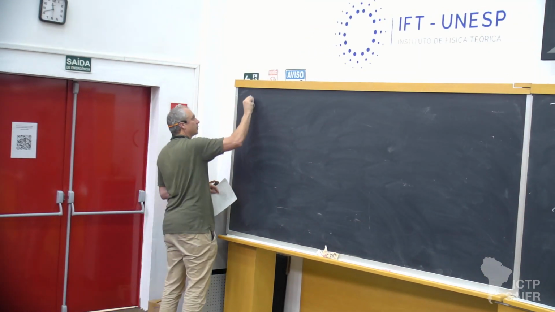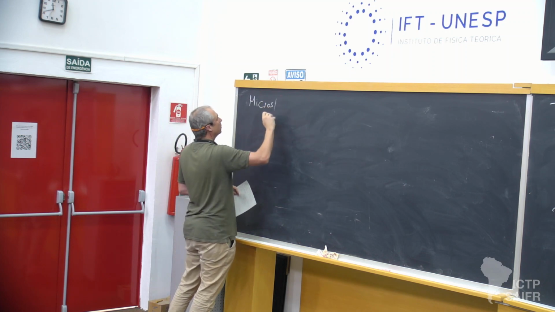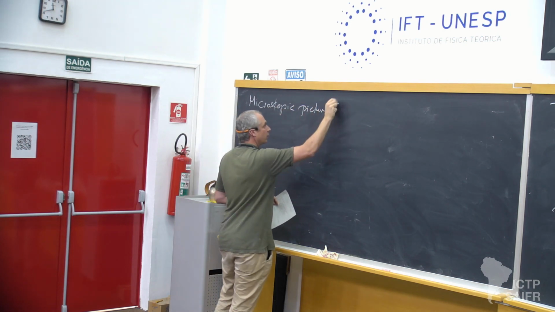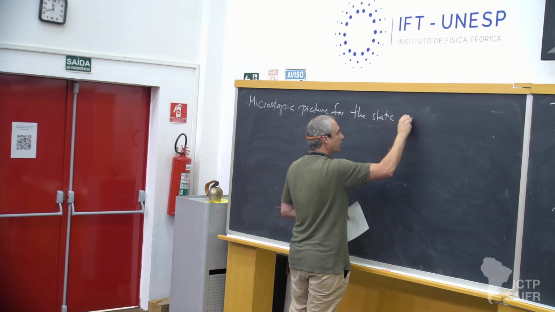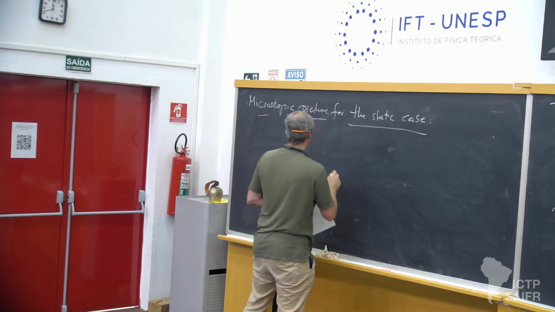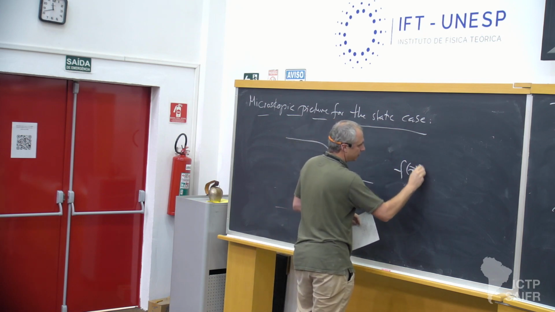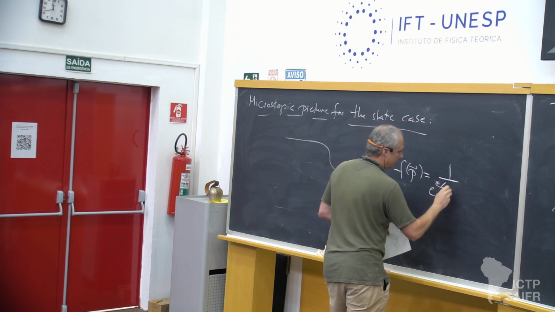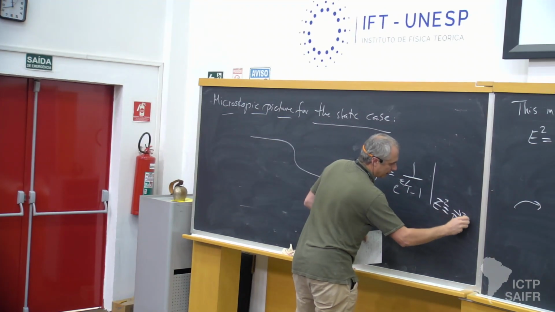So I just want to say a couple of words about the microscopic picture for the static case. All right, so we've seen that here the distribution function is just the one given in terms of the energy. So this is e to the E over T minus 1. And E squared is equal to P squared plus m squared.